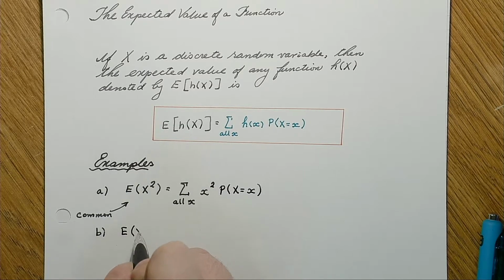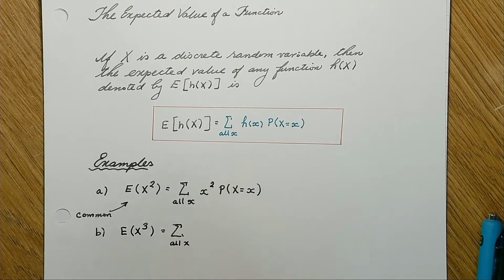Similarly, we could do x cubed. So what do you think it is in the chat? What do you think that this should be? What should I have written, kind of that term for the summation?